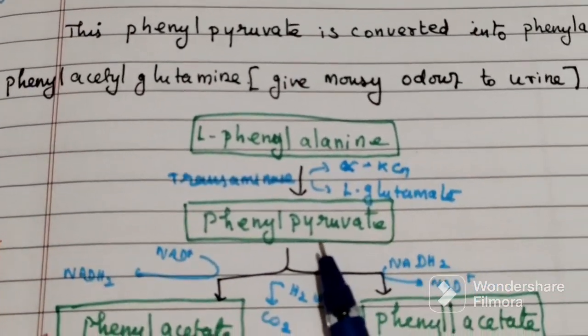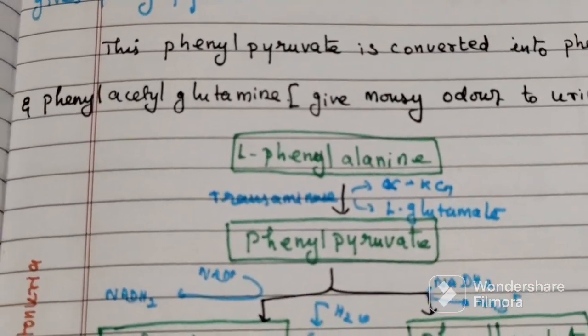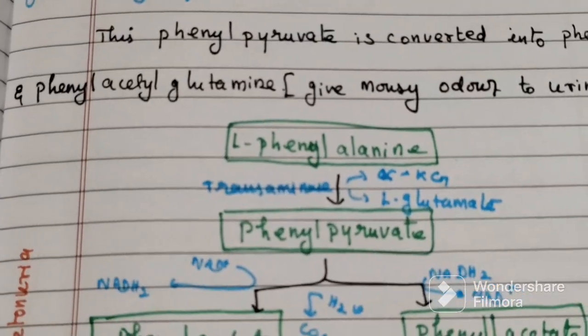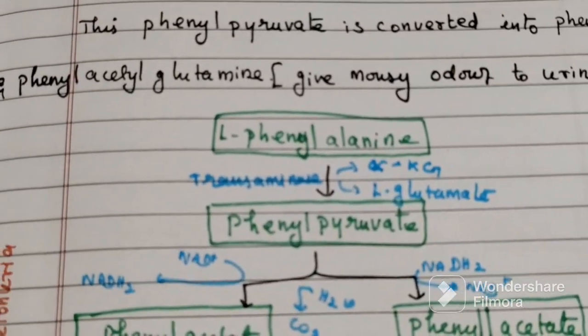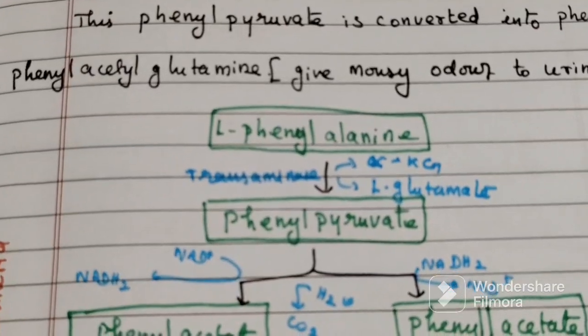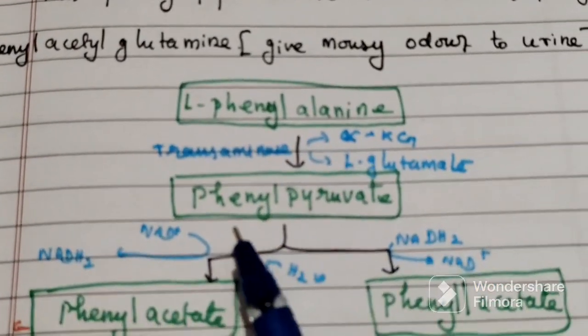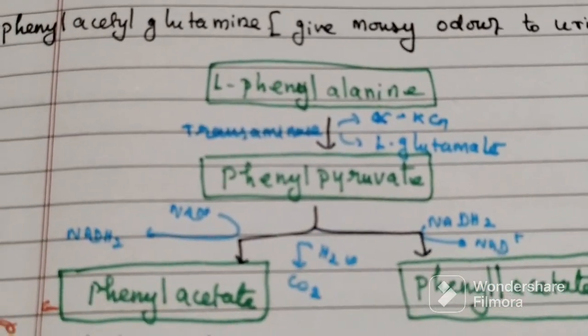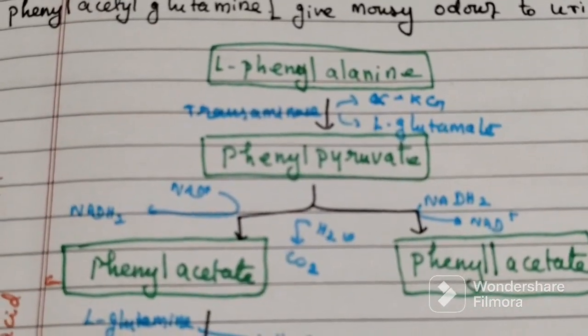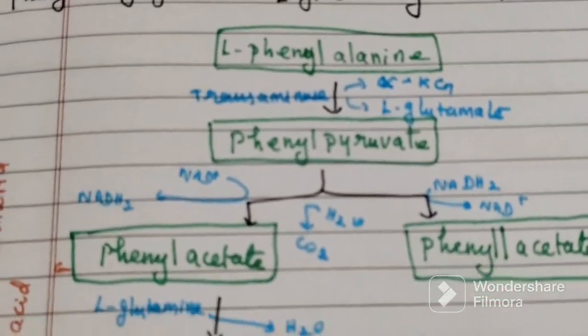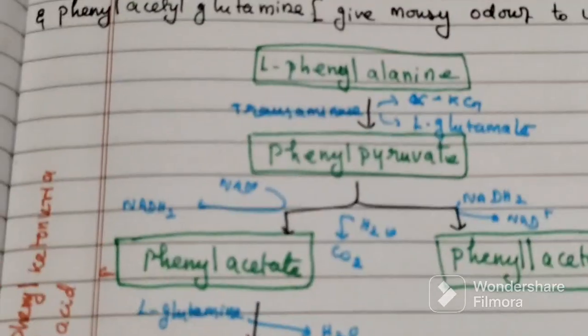It is a keto acid. That's why it has the name phenylketonuria. So, without phenylalanine hydroxylase, phenylalanine is converted into phenylpyruvate, and this phenylpyruvate is a keto acid.